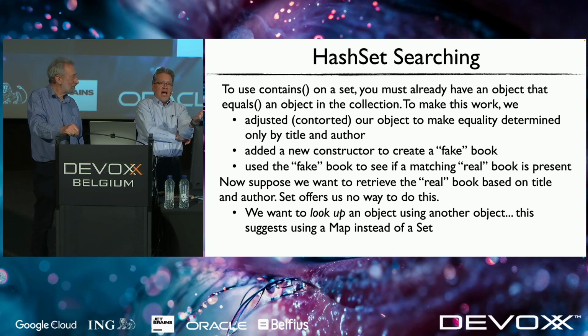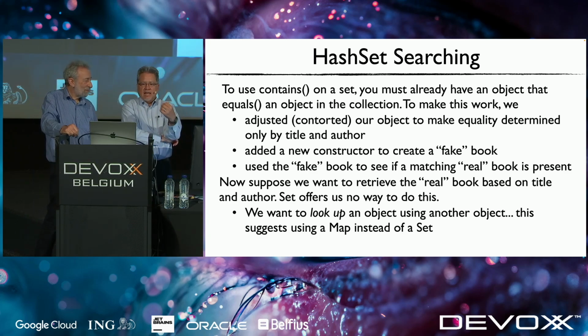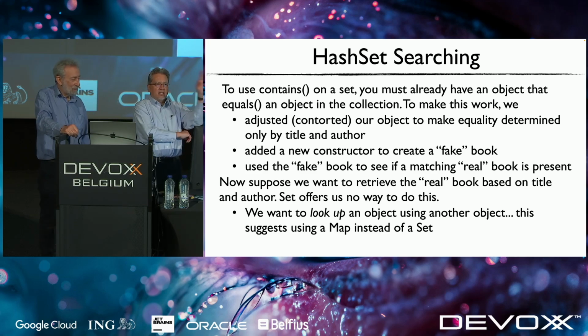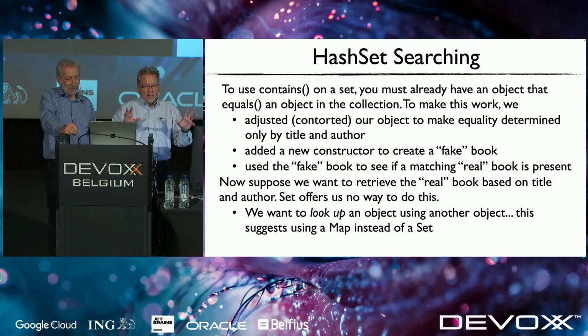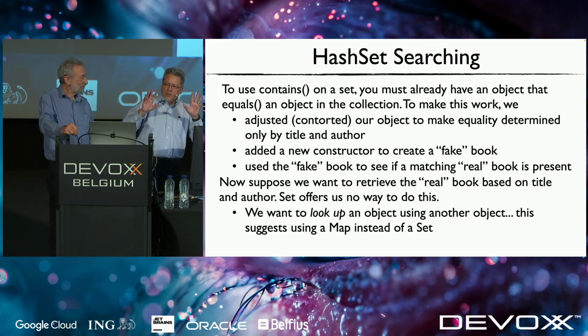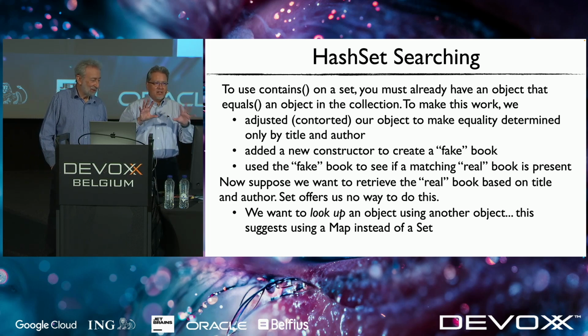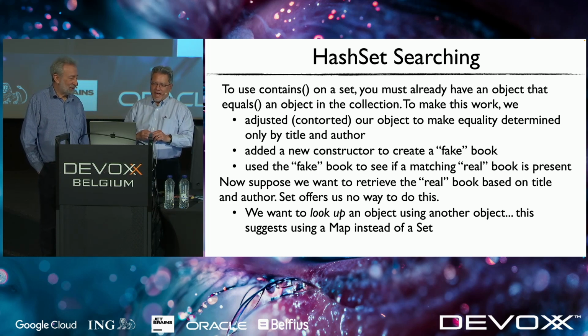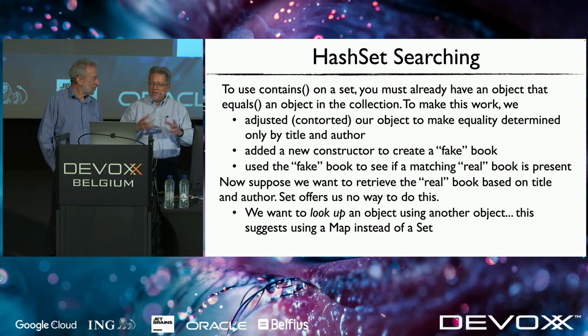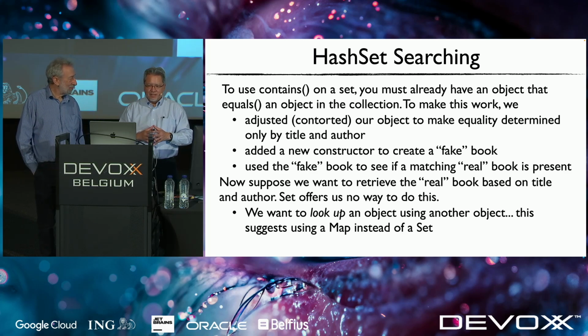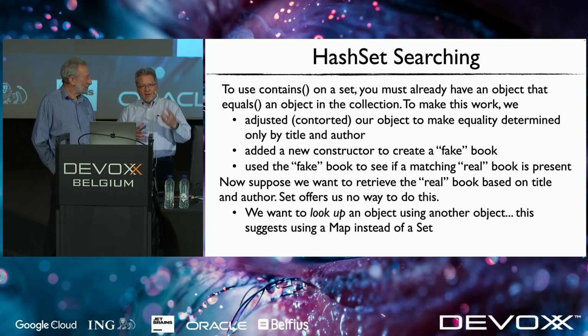So we had to change our API for the book. And now we have a system where we have fake books and real books flying around in our application. You can construct a system this way, and people probably have, but you can already see it's starting to get pretty uncomfortable. And maybe a set turns out to be the wrong abstraction.